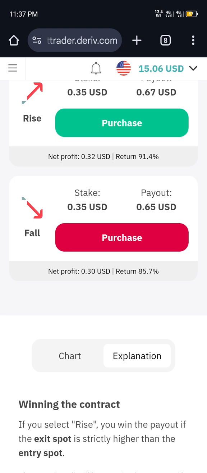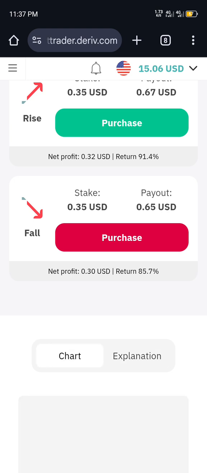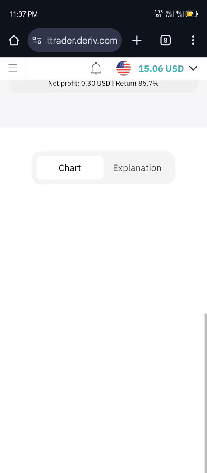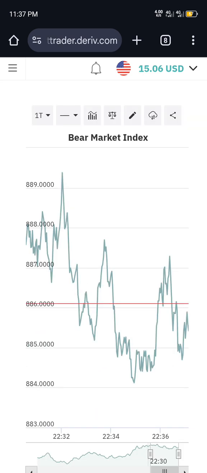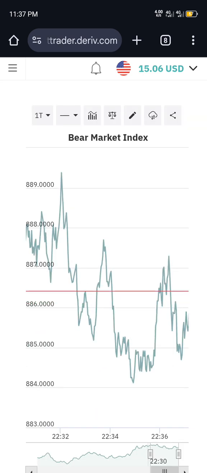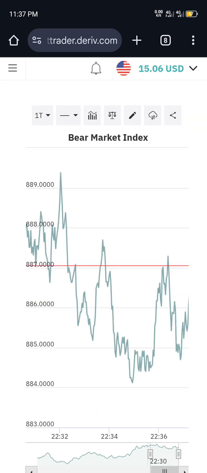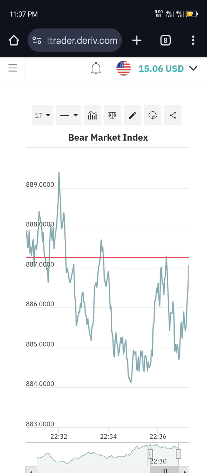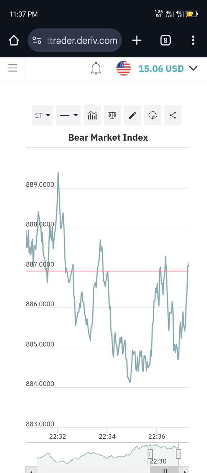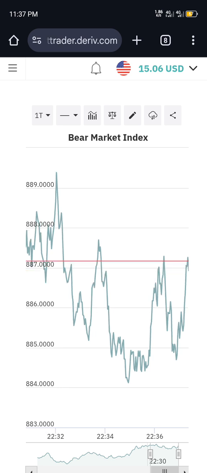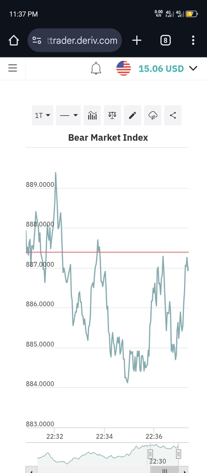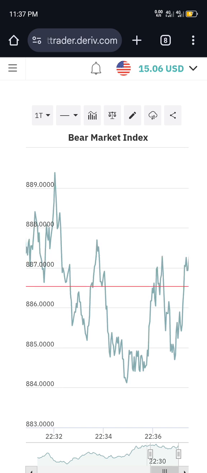You take this to chart, and it will take you to line chart, on which you can view the nature of the market at that particular moment. If it's smooth, then I will attach my already saved setting, which includes Bollinger Band and candlestick. Then I'll be checking the setup.